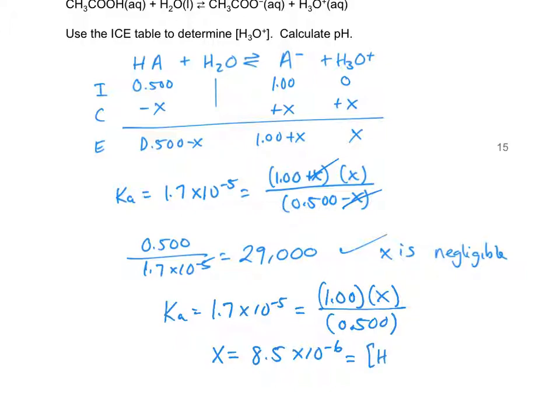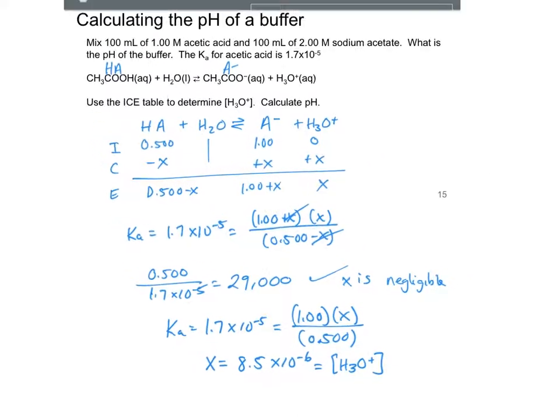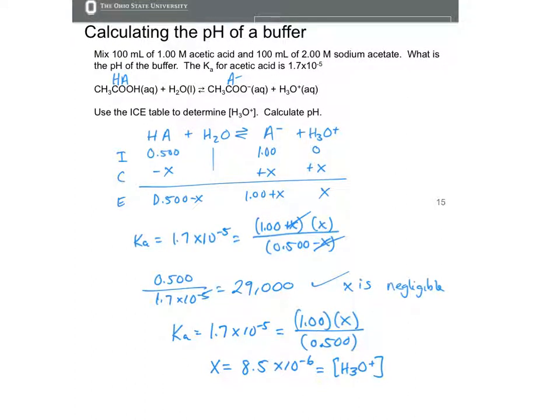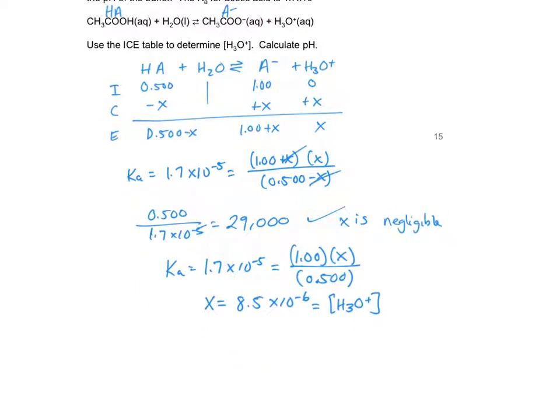And this is equal to our H3O plus concentration. Okay, so that's what we were asked to find. We were asked to find H3O plus and then calculate pH. So the pH is equal to minus the log of 8.5 times 10 to the minus 6. So I end up with 5.07.